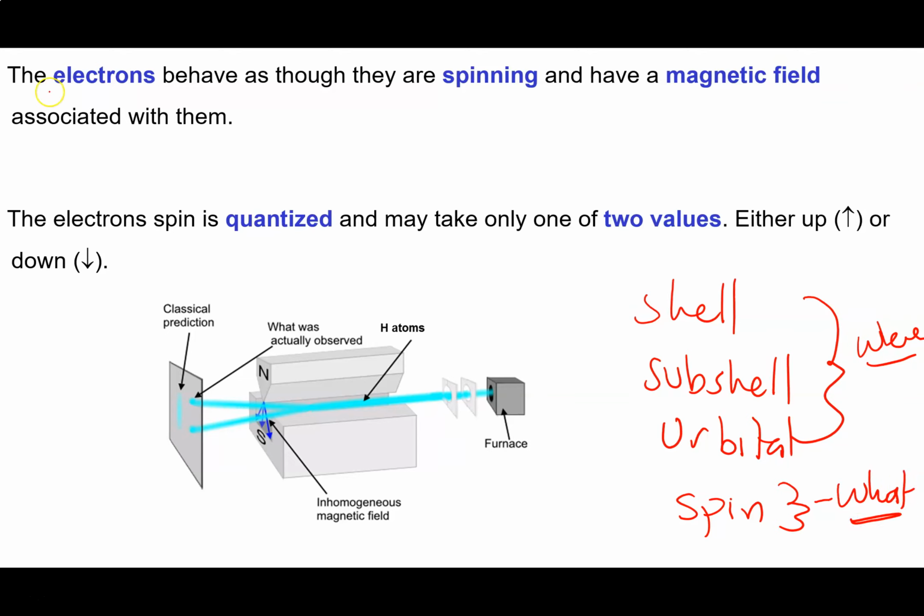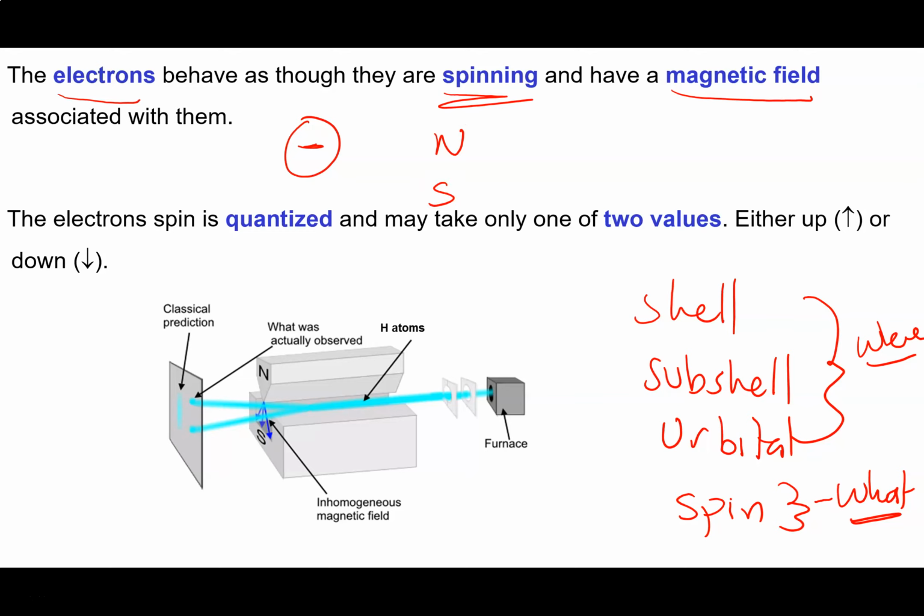So what he found was that electrons behave as though they are spinning. And if you remember, electrons are negatively charged, and when charged particles spin, they create a magnetic field. And a magnetic field will have a north pole and a south pole.